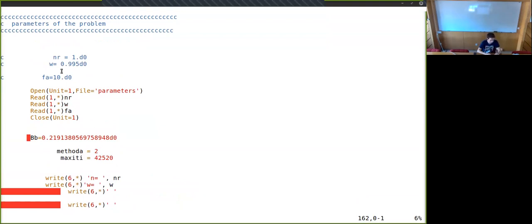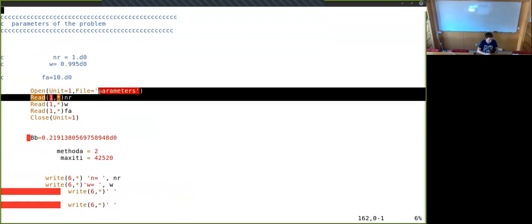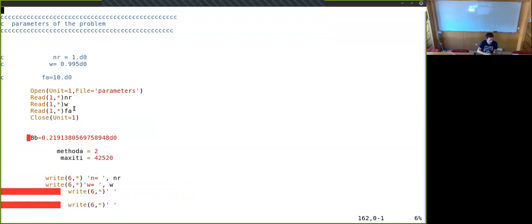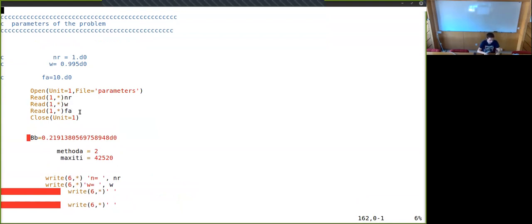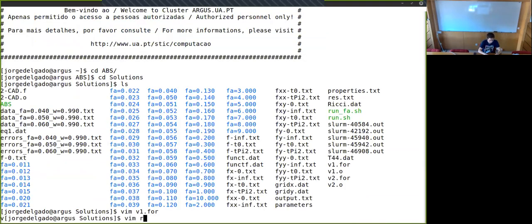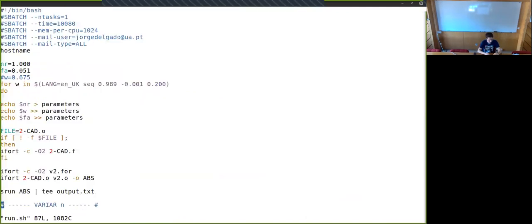But here, instead of just defining the parameters by hand, I use a file called parameters, where I put the parameters of the problem. So here is the angular frequency of the scalar field. And then I also use a bash file to do a for cycle for all the angular frequency values.